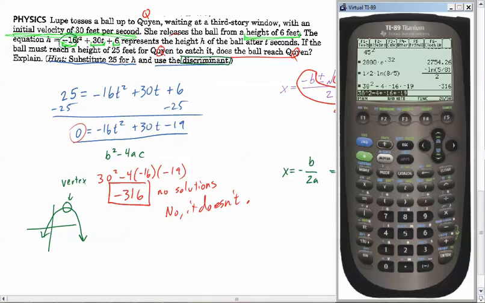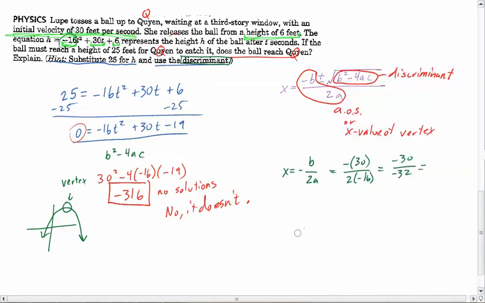So negative 30 divided by negative 32, which is approximately 0.9375. So 0.9375 seconds, because the x values are in seconds. So that's the time. Now we can plug the time back in to find out how high it is at that point.